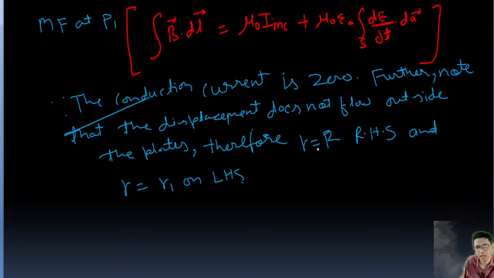So the displacement current doesn't flow outside the plates. Therefore r equals R on the right hand side and r equals R1 on the left hand side.